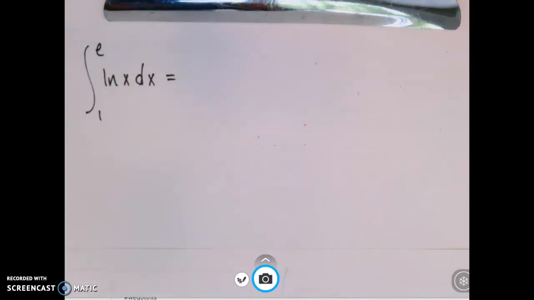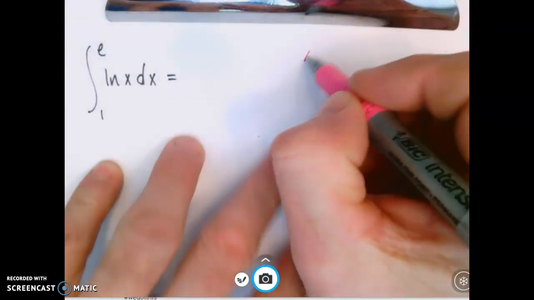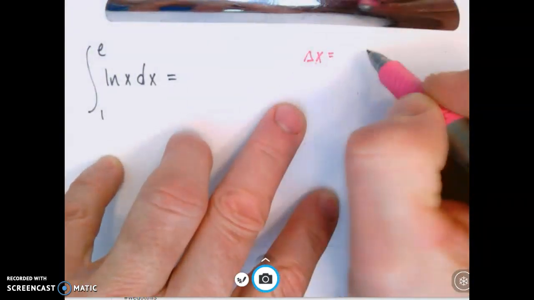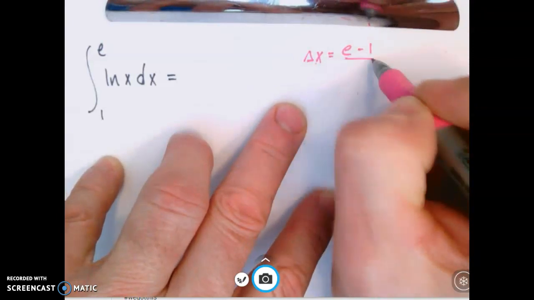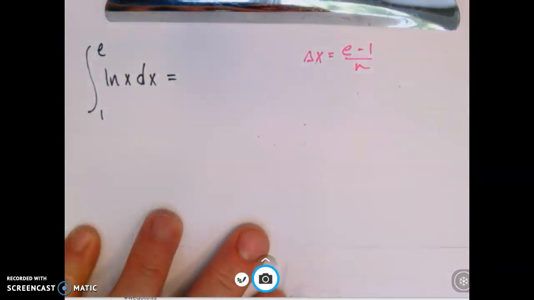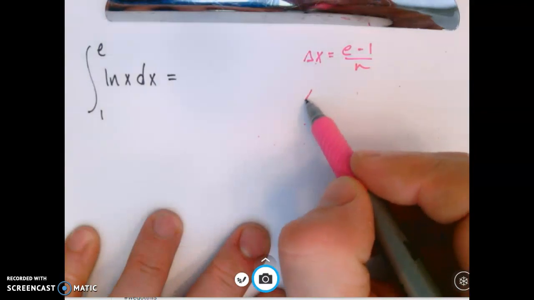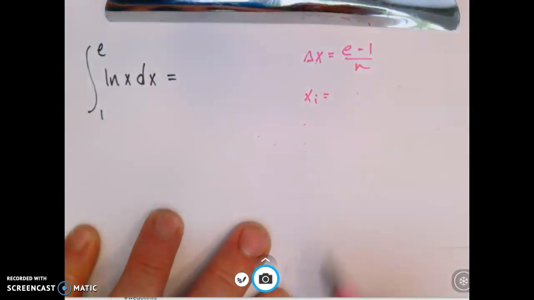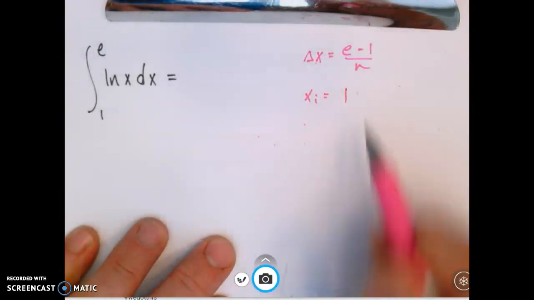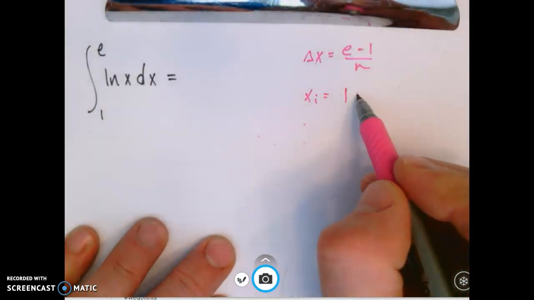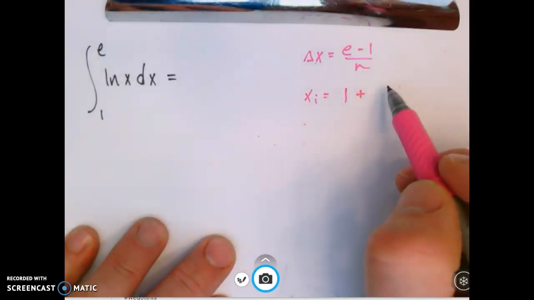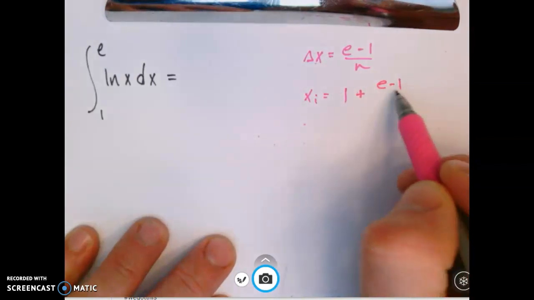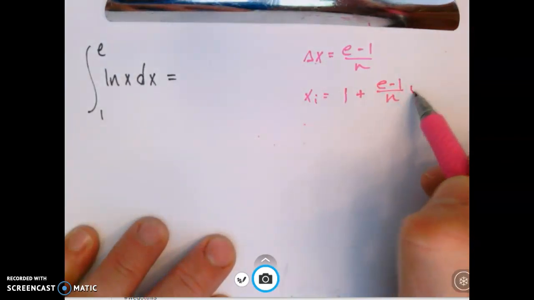So, we do our delta x, which is going to be equal to e minus 1 over n. So there's our delta x. We do our ith term. It's our starting value, 1, plus our delta x, all times i.